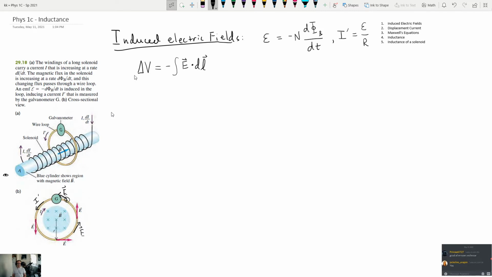So we can make these two equations equal to each other. Since this is basically the same thing as EMF, we can just write that the negative integral E dot dl should be equal to negative capital N d phi dt.